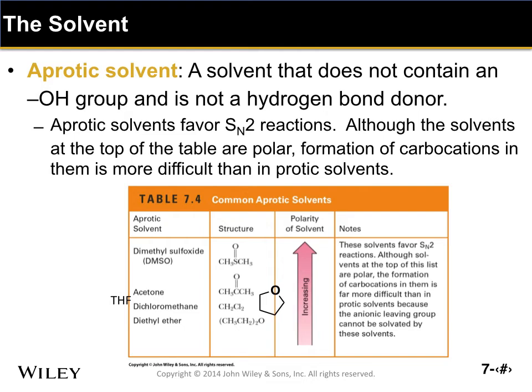For SN2 reactions, we'd rather have aprotic solvents, and the kind of aprotic solvents we need are polar aprotic. The reason we want polar is that if you think about the transition state, there's charge being developed in the transition state.